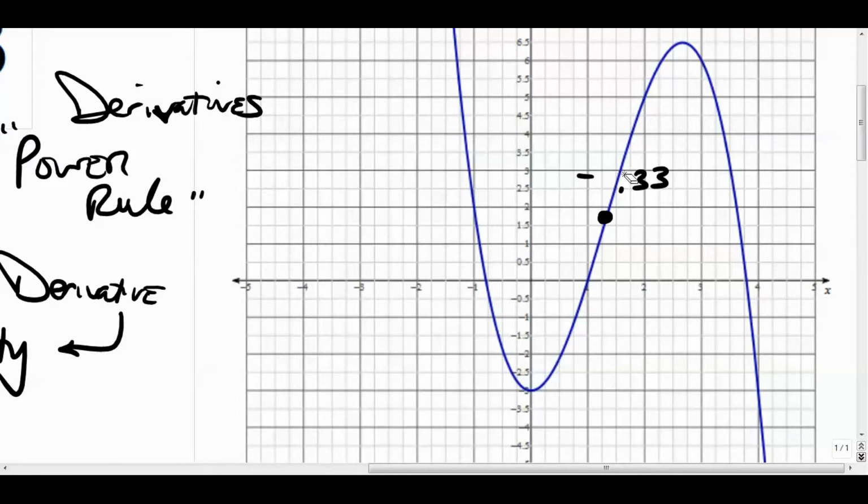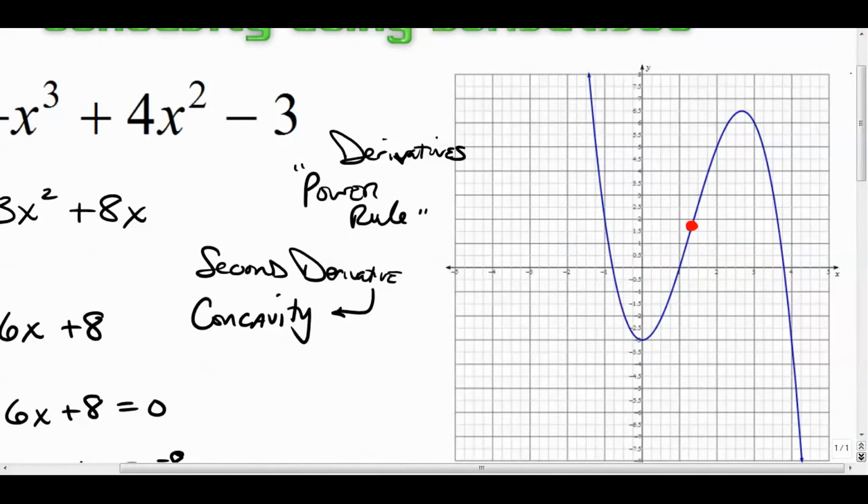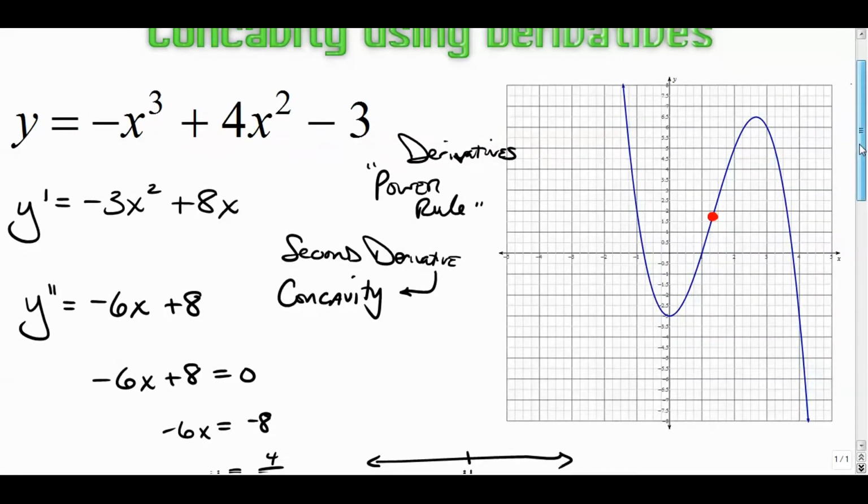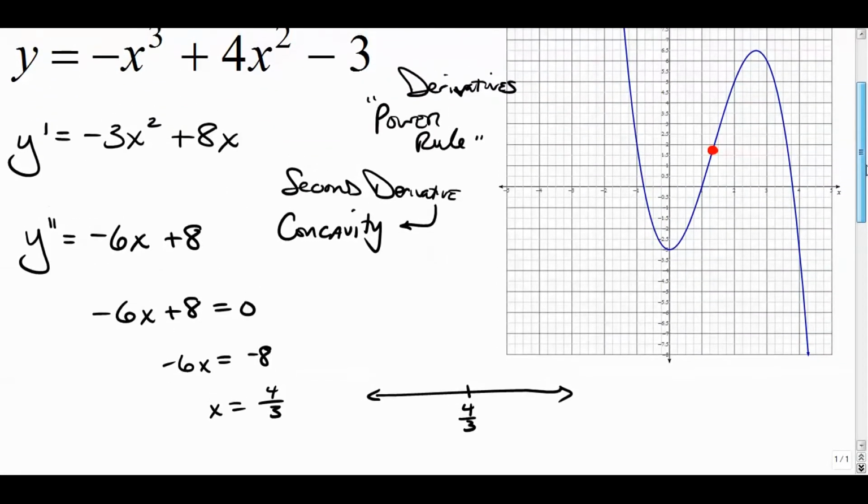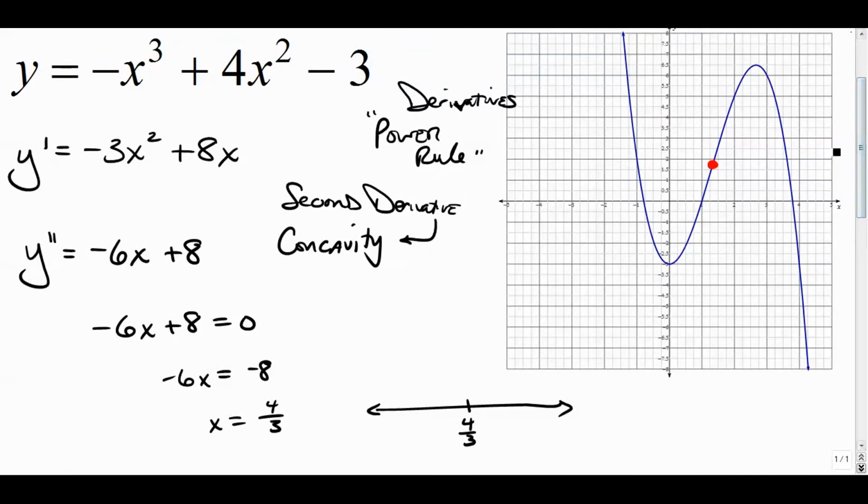That's where x equals 4 over 3, right there. Maybe I'll put that point in red, because it's a really important point. That is called our inflection point. But for this video, let's not worry too much about that particular point. Let's worry about how we write these intervals of concavity.